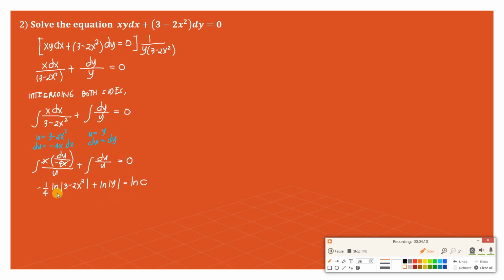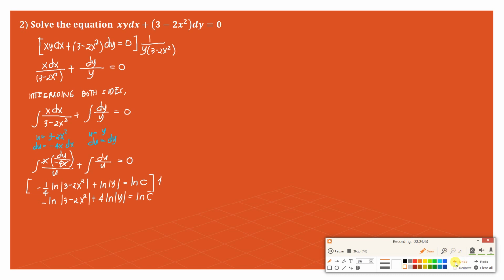So if I have negative 1/4, so we can multiply 4 para matanggal natin yung denominator. So we have negative ln of absolute value of 3 minus 2x squared plus 4 ln absolute value of y. Okay, still, this is ln of c.